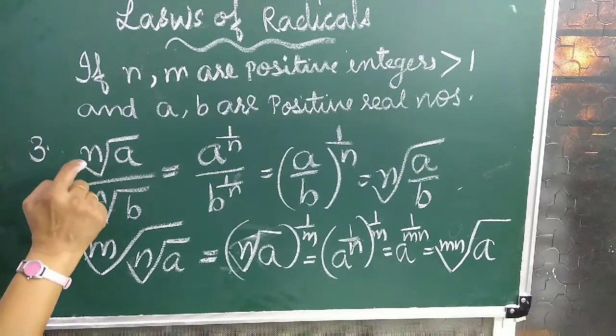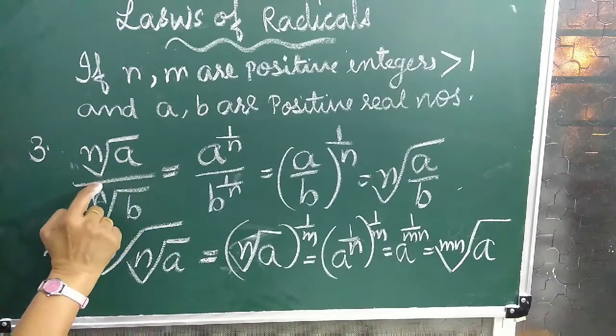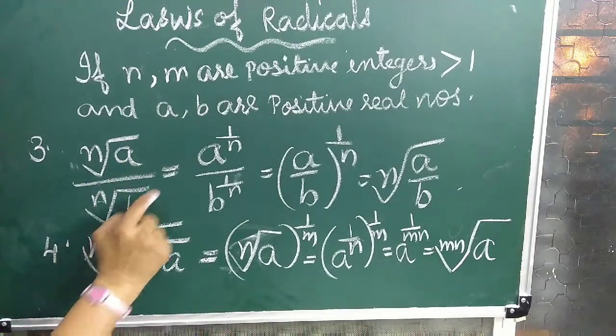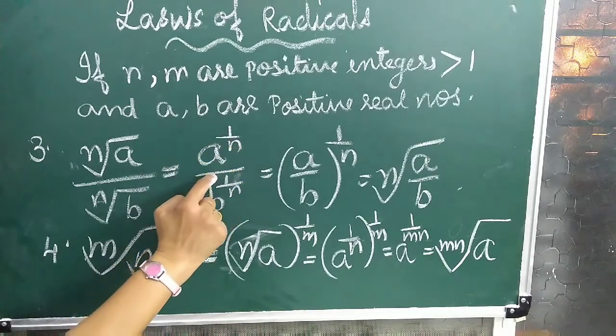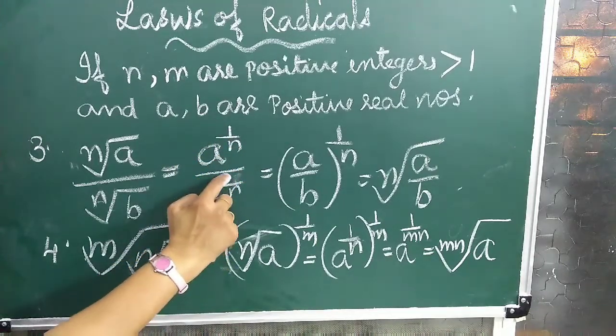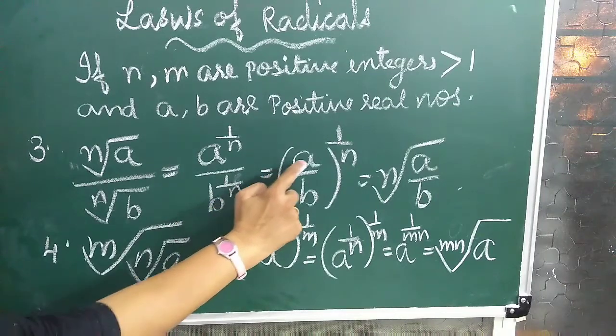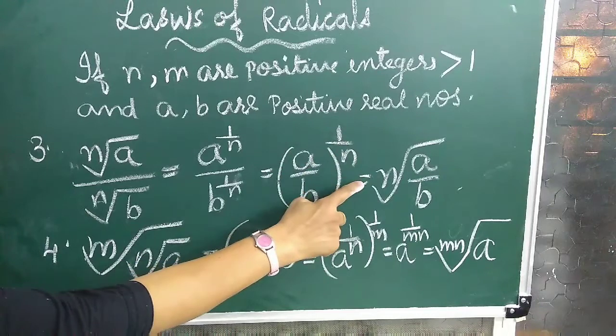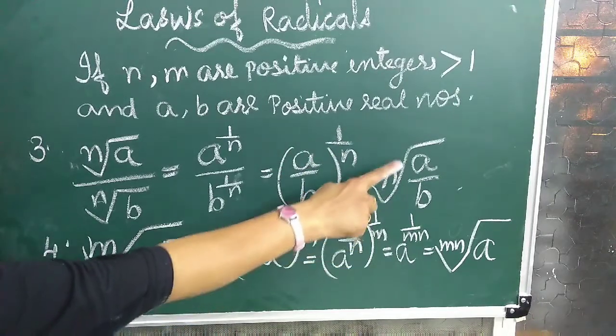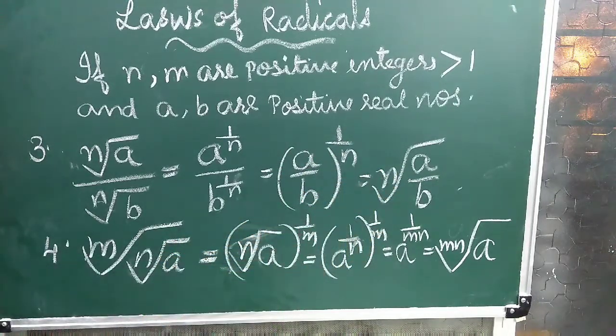Third law is nth root a upon nth root b is equal to a to the power 1 upon n upon b to the power 1 upon n is equal to a upon b whole to the power 1 upon n, that's equal to nth root a upon b.